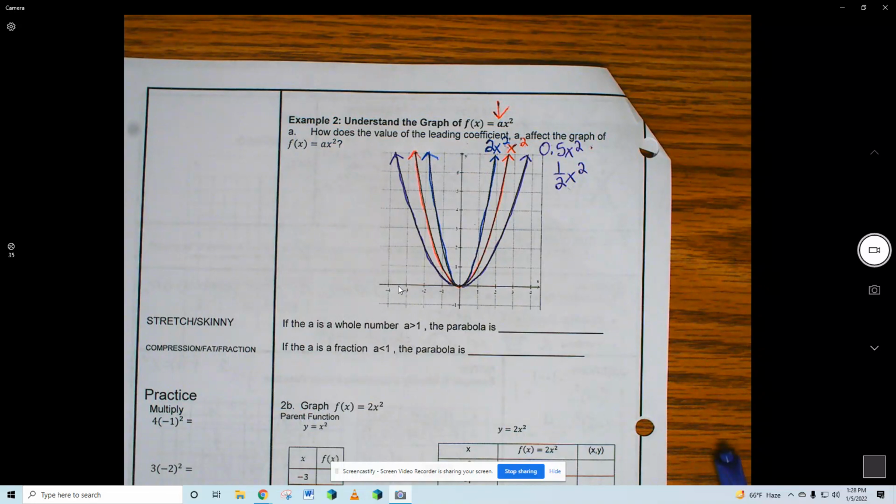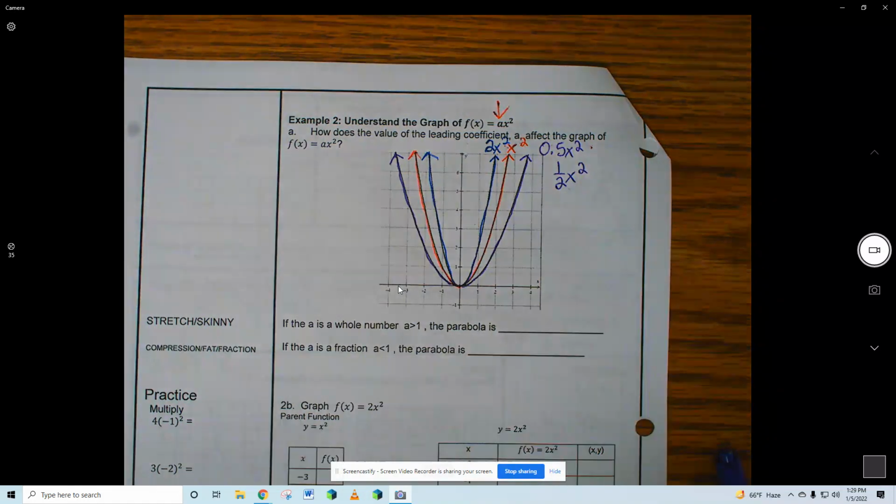That's a 2, a 3, a 4, a 5, whatever, a whole number. If the number in front of the x squared is small, like a fraction, A is less than 1, like 1/3 or 1/2, that's going to be a compression, which means it gets fatter. And I wrote that on those next two lines.